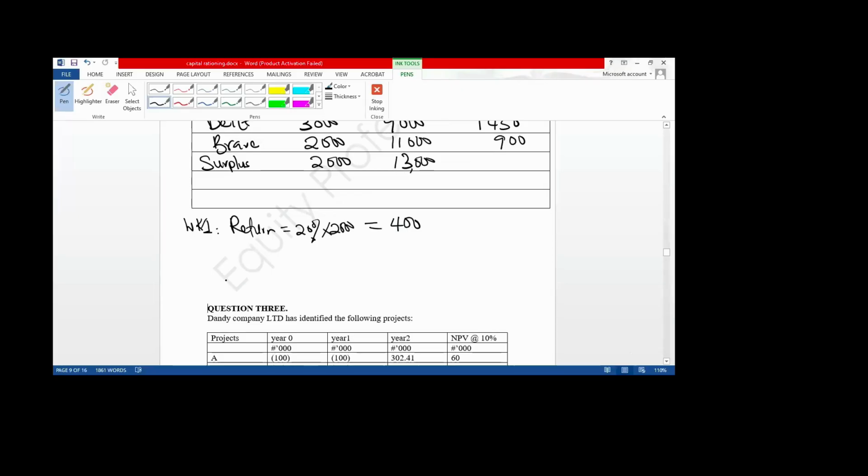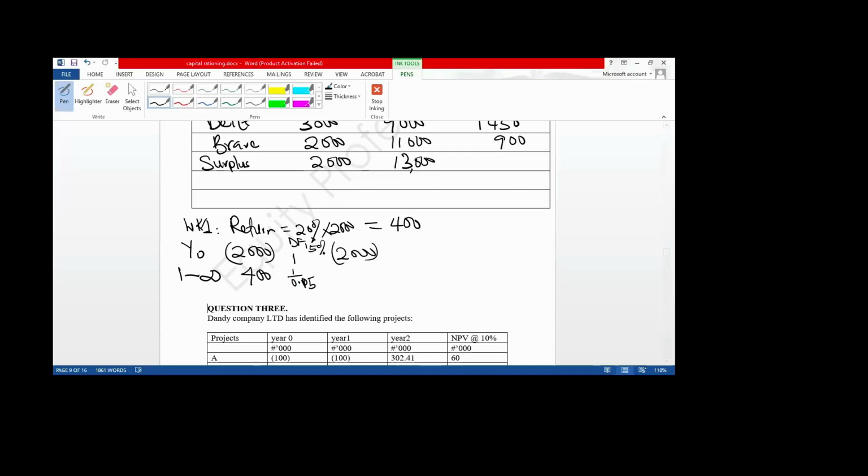Find the NPV. In year 0, you are going to invest 2,000. The discount factor, 15%. This will give you negative 2,000. Year 1 to infinity, you are going to get a return of 400. 400 divided by 15%.